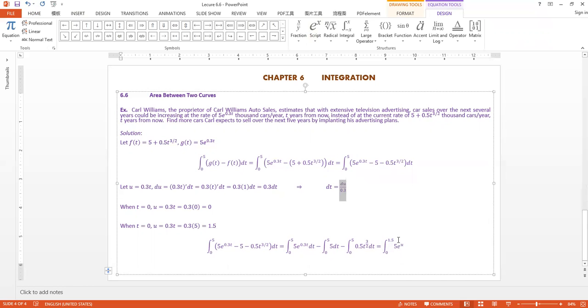So that everything is in terms of u. So that's the first integral.